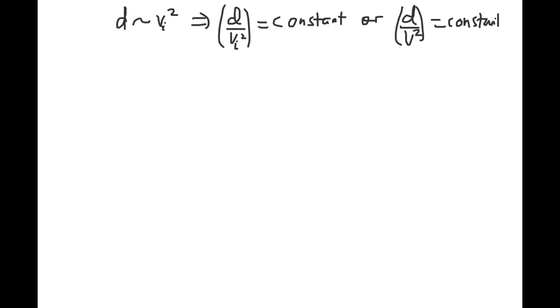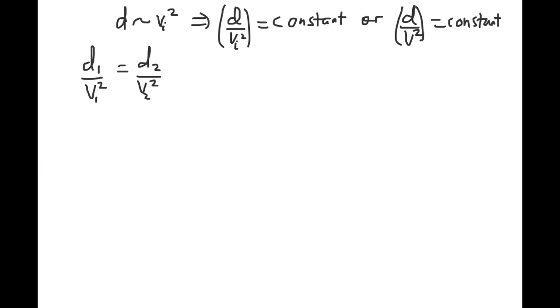What does that mean? It means distance 1 over V1 squared has to be distance 2 over V2 squared. So the 1 is when the speed was 15 kilometers per hour. The 2s are when the speed was 45 kilometers per hour. What you are looking for is the relationship between D2 and D1.